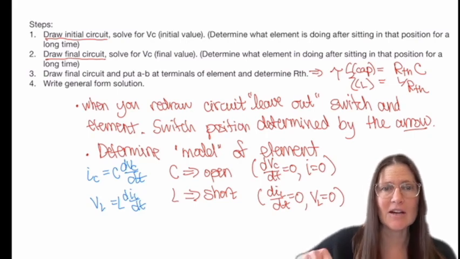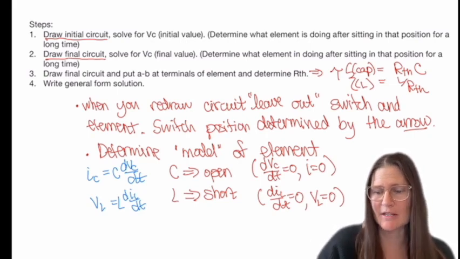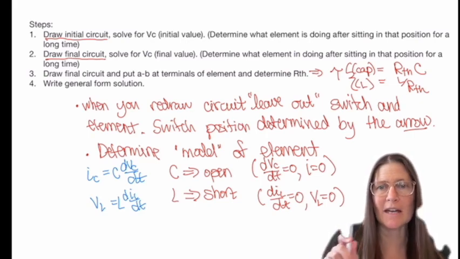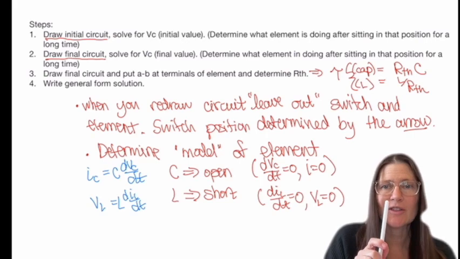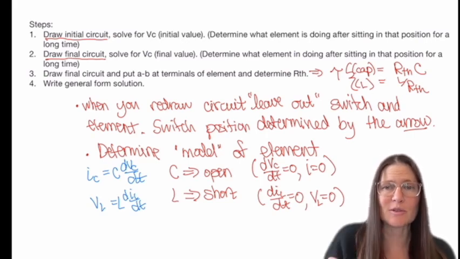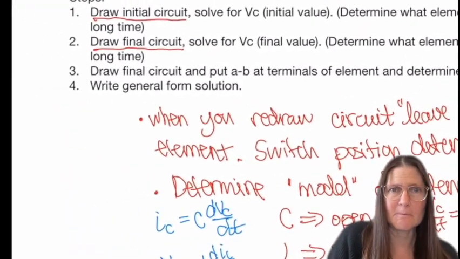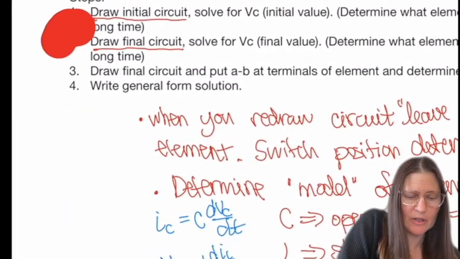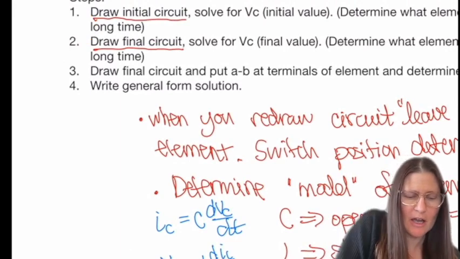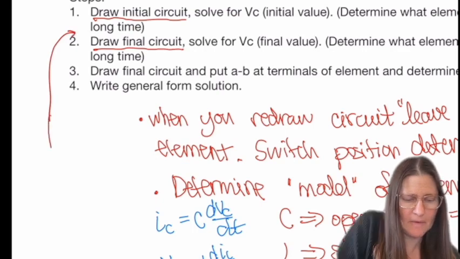And then there is one little step in between these, and that is after you go from that initial, you have to redraw the circuit at 0 plus. So I'm going to put a little side note in here for 1A.